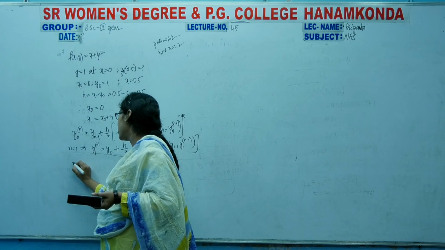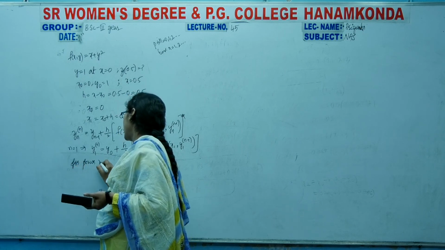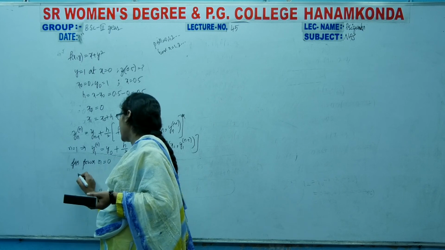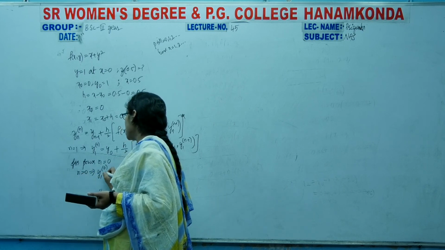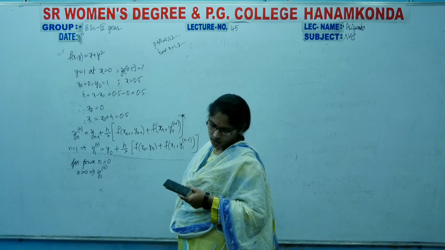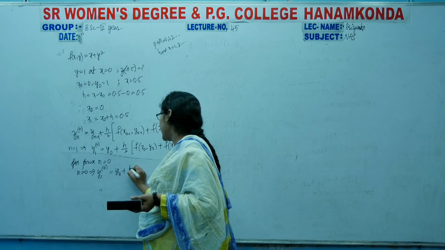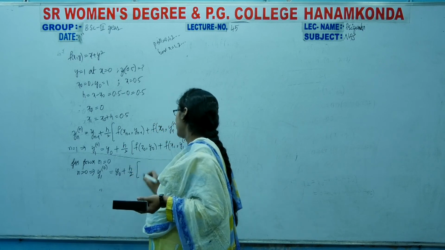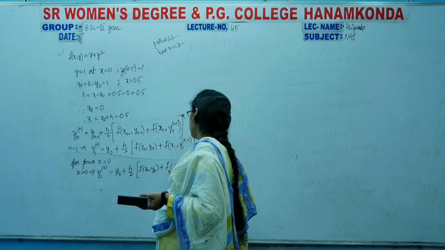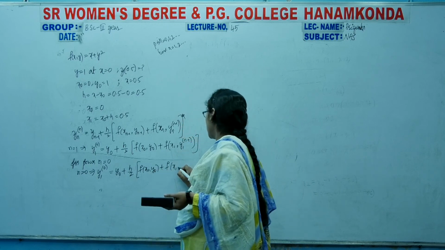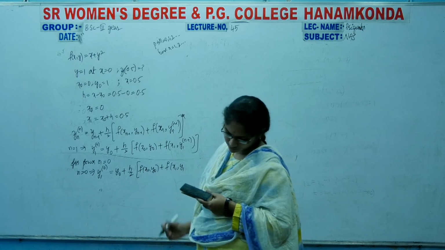Now for power n equal to 0, we get y1 power 0, which is equal to, what will be the formula? Y naught plus h by 2 of f of x naught comma y naught plus f of x1 comma y1 power minus 1.